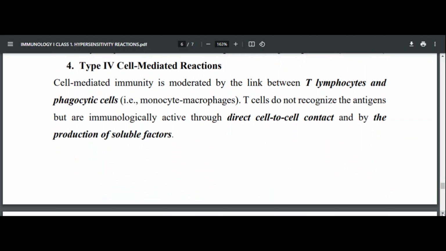T cells don't recognize antigen directly, but they are immunologically active through direct cell-to-cell contact and by the production of soluble factors. So they have a capacity to interact with other cells, and they are able to produce soluble factors if they are provoked or stimulated by mediators or effector cells like macrophages or monocytes.